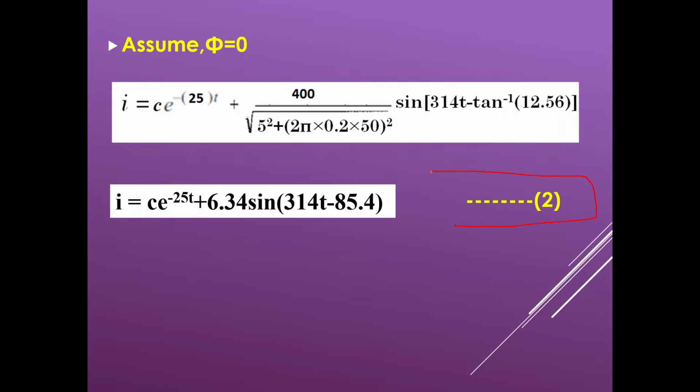So I is equal to C e to the power of minus 25t plus 6.34 sine 314t minus 85.4 you will get.